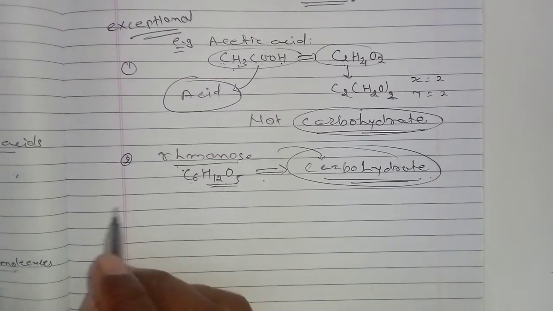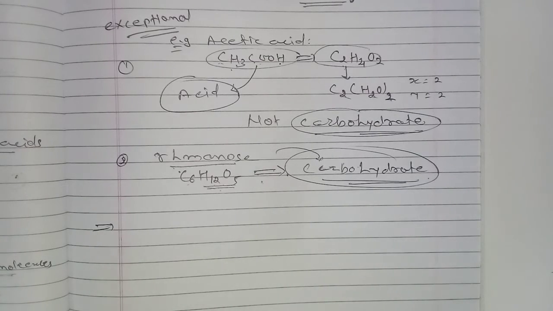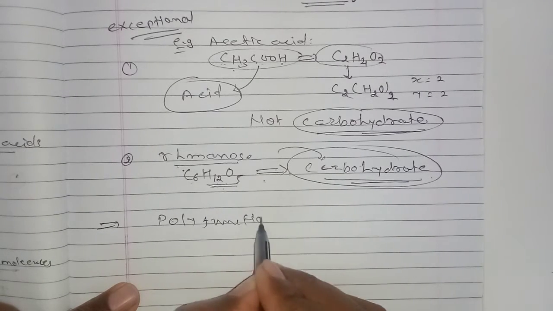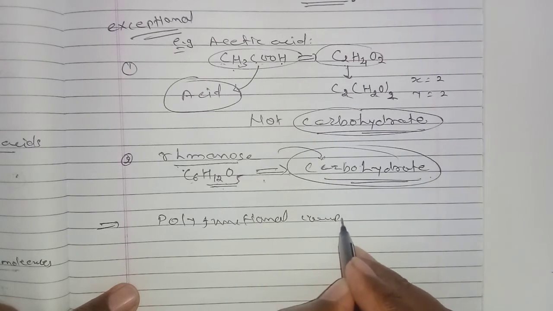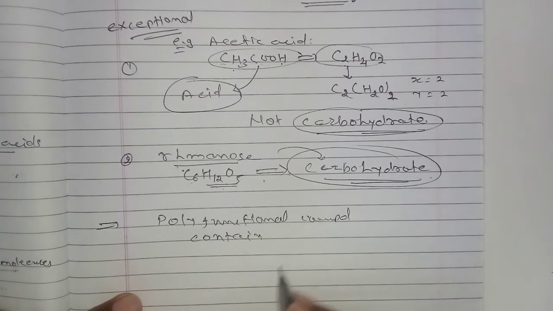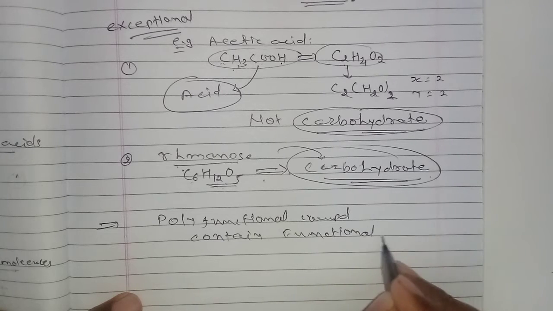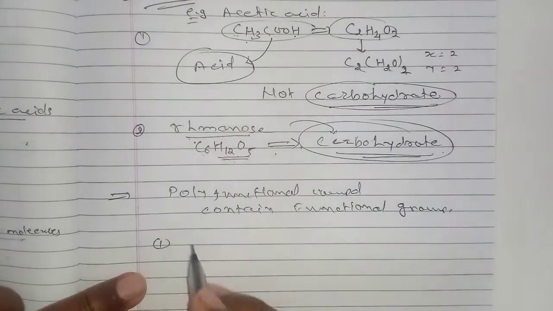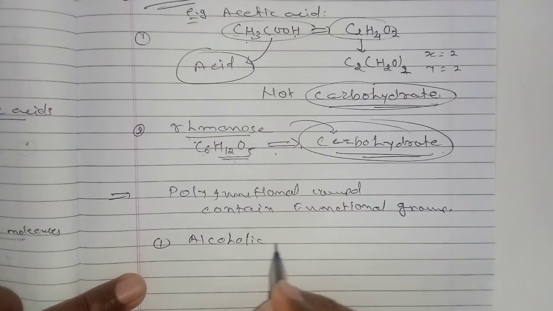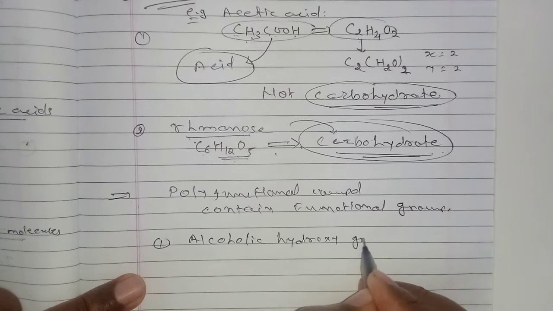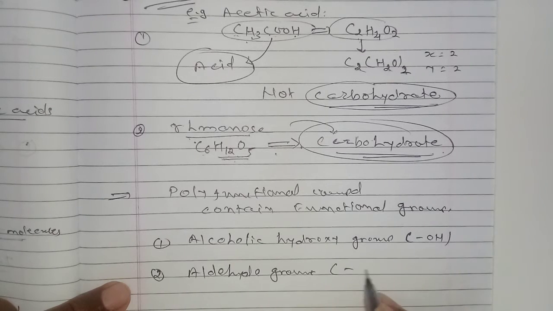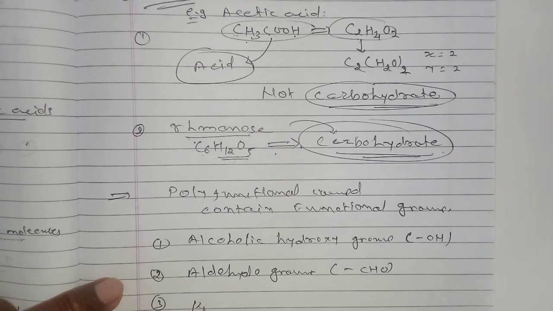Now, what are carbohydrates? Carbohydrates are polyfunctional compounds which contain functional groups: number 1, alcoholic hydroxyl group, bond OH; number 2, aldehyde group, bond CHO; and number 3, ketone group.